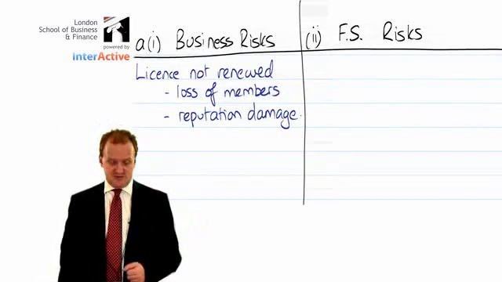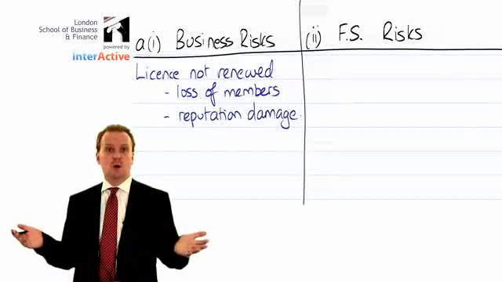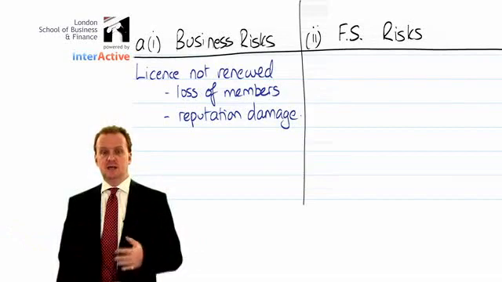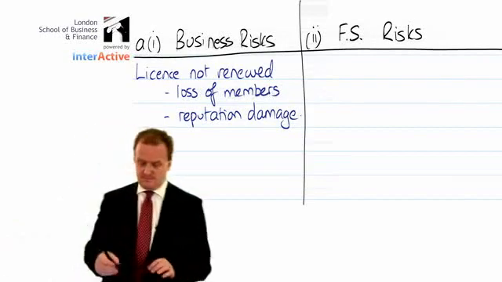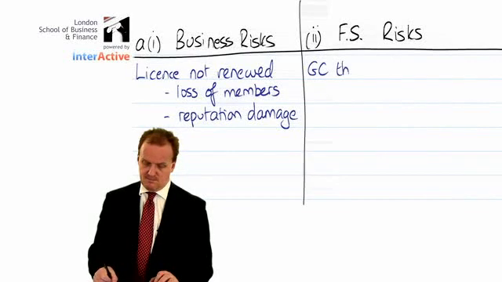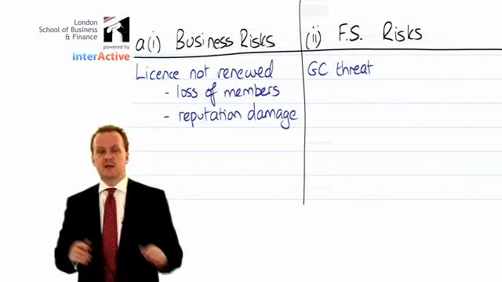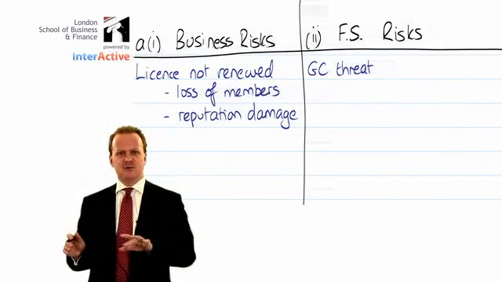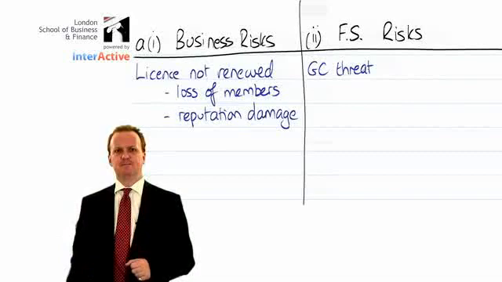Well, if you don't get your licence renewed, the most obvious financial statement risk is the damage to the business could lead to going concern problems. But a going concern threat is the business risk. How does that affect the accuracy of the financial statements?